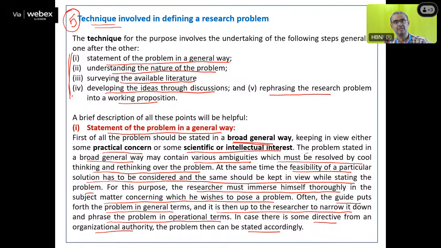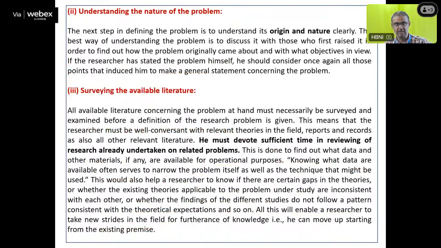Two things which come to mind are the organization and the guide who are proposing the problem. And we propose it in a general way, but we have to understand the origin and nature clearly. So, nature of the problem and origin of the problem.